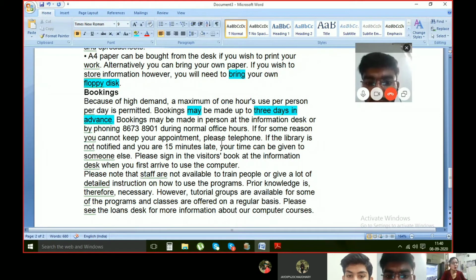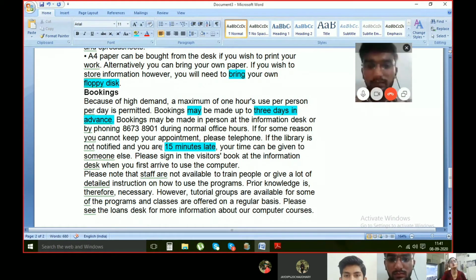If the library is not notified and you are 15 minutes late, your time can be given to someone else. Now the word late. See location. Hitesh, as I said to you, when you find out the location, immediately mark it in the passage and in the question also. If the library is not notified and you are 15 minutes late, see, quarter of an hour means 15 minutes.